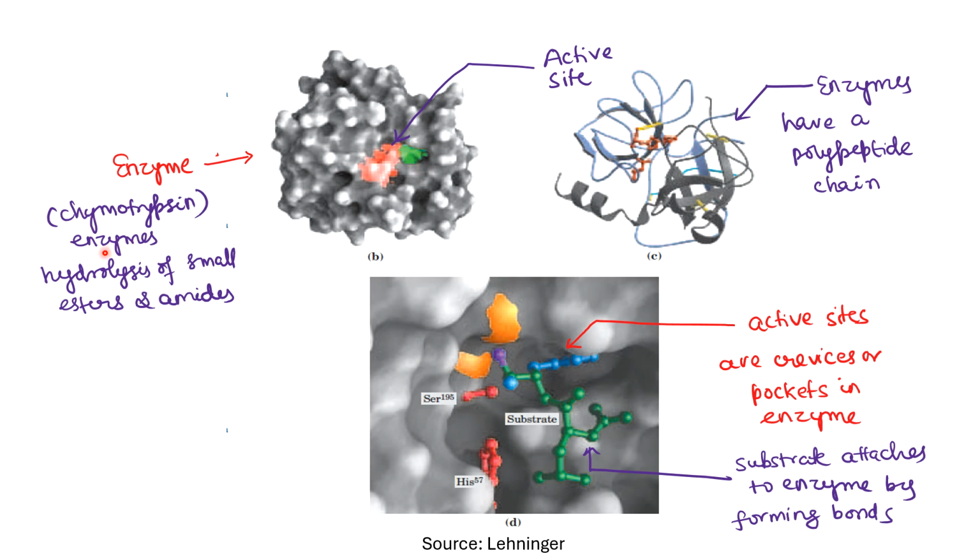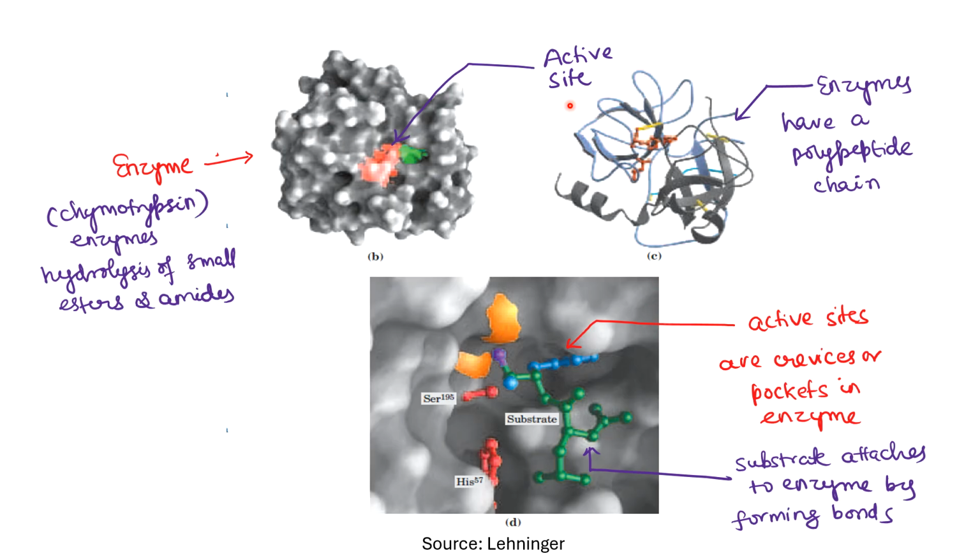Here the chymotrypsin enzyme image is given. This is the image of the active site, and you can see how the substrate is binding to the active site, making bonds with the residues present in the active site. That is why the binding of the substrate and the enzyme is very specific.